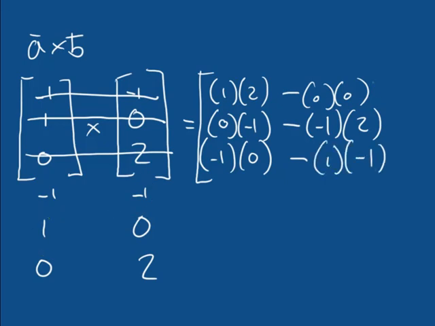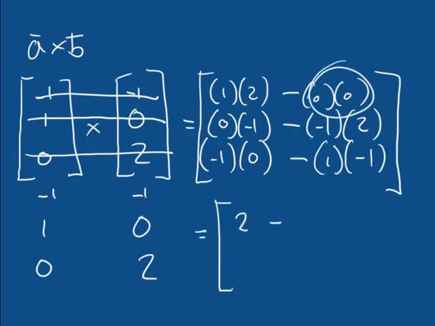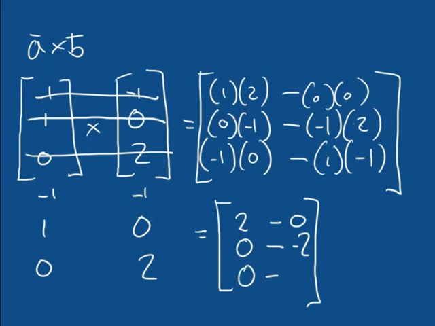multiplied by minus 1. So if we work that out, 1 multiplied by 2 is 2, minus 0 multiplied by 0 is 0, 0 multiplied by minus 1 is 0, minus 1 multiplied by 2 is minus 2, minus 1 multiplied by 0 is 0, minus 1 multiplied by minus 1 is minus 1.